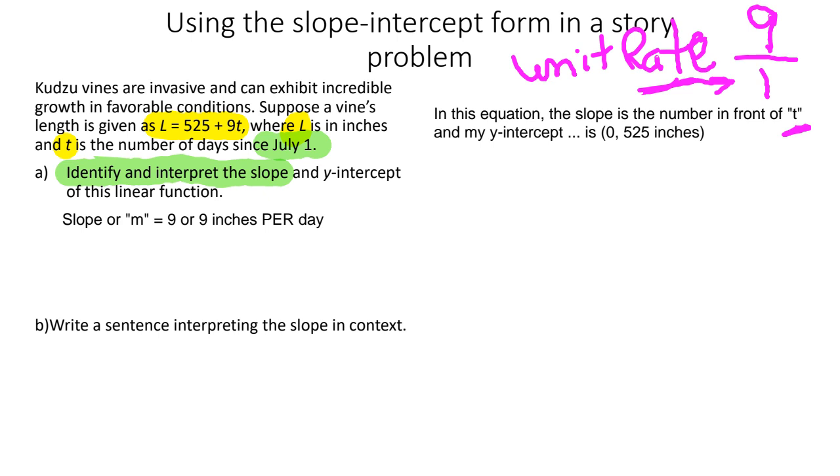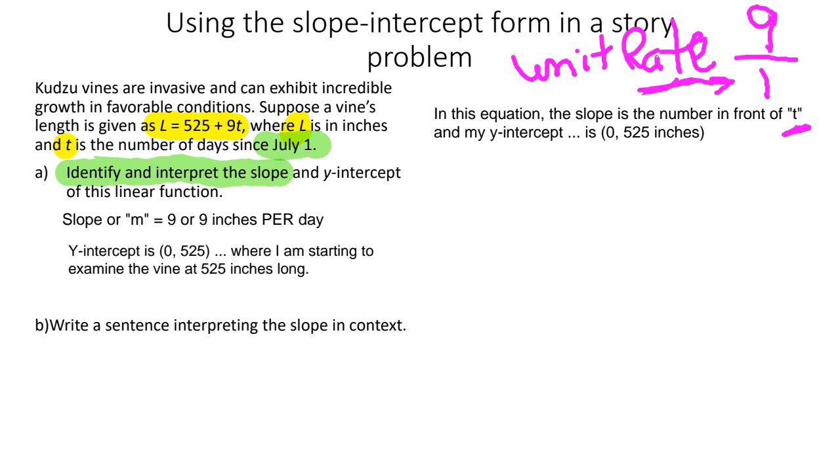And this is saying my y-intercept is (0, 525), where I am starting to examine the vine at 525 inches long.